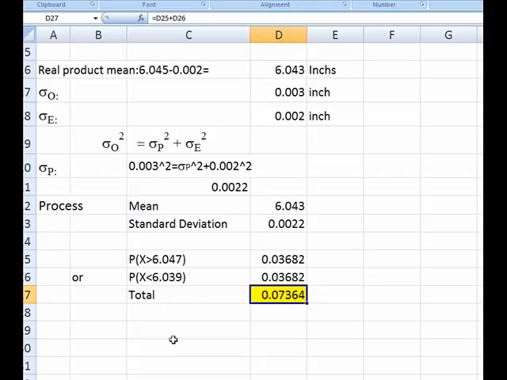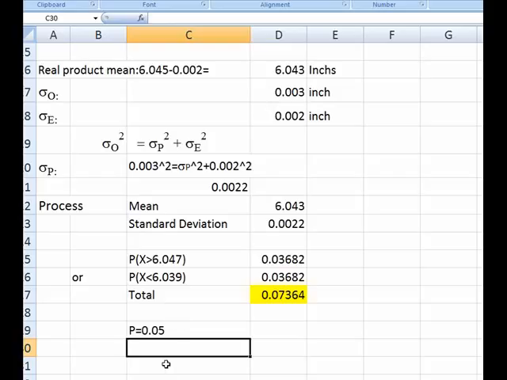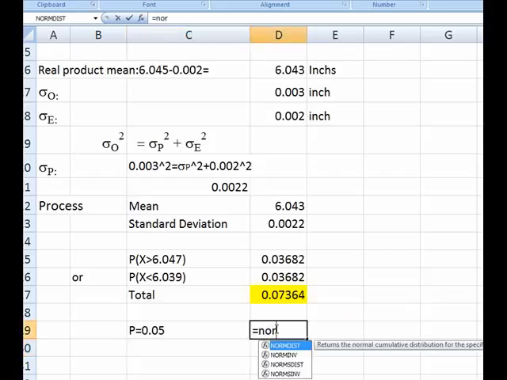So if we know the probability equals 0.05 and we want to come back to find the value of x, there is a function called normal inverse, NORM.INV. Basically, you know the probability and you want to find the x value.